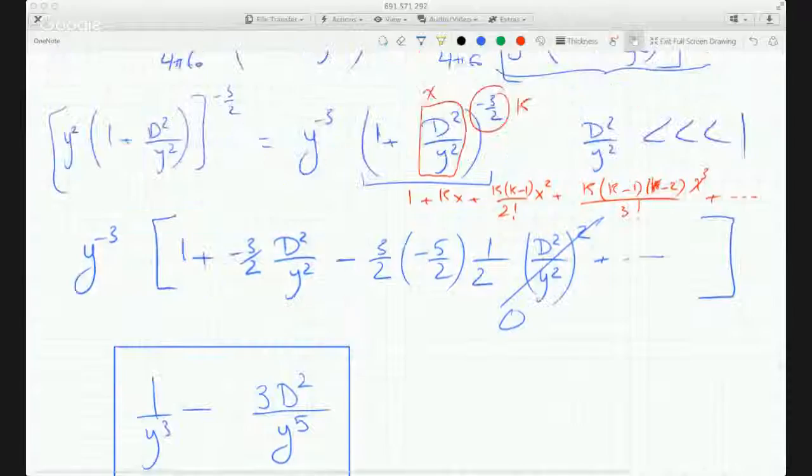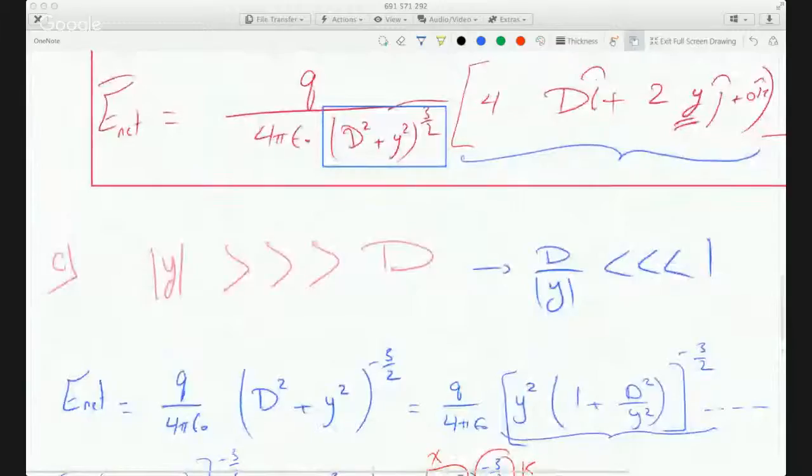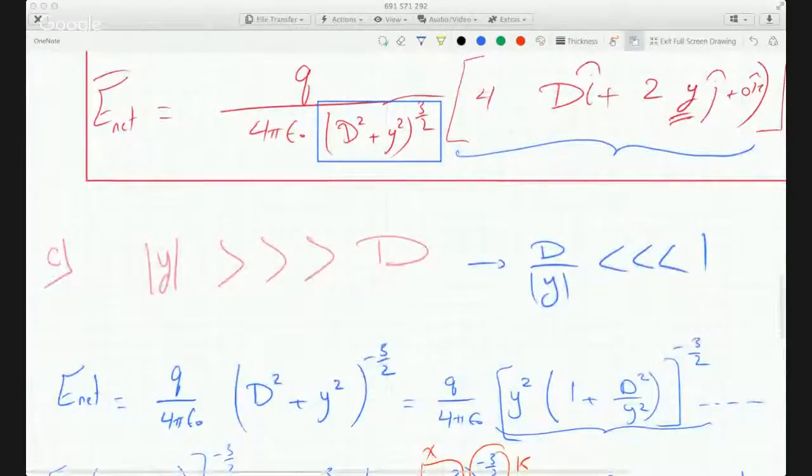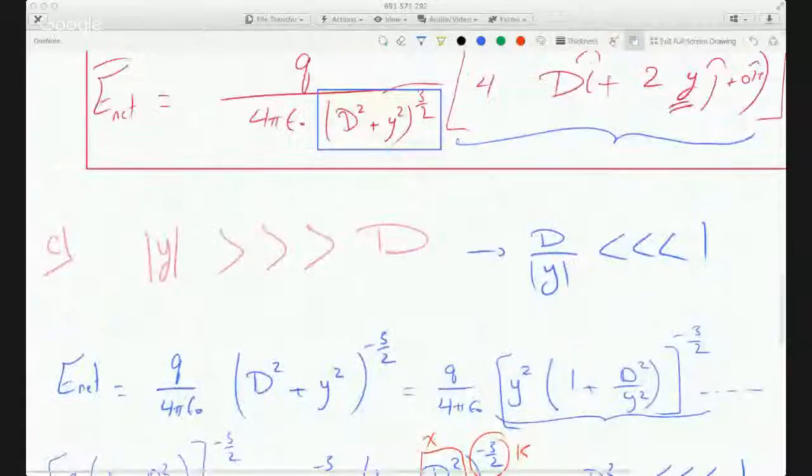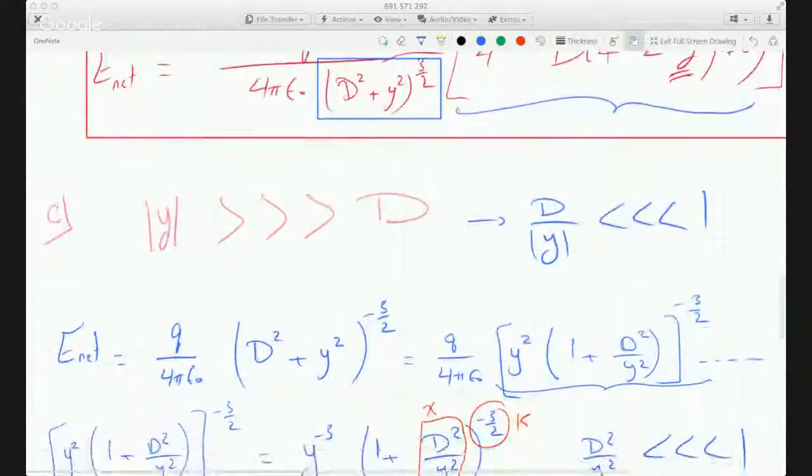So now I can go back to the electric field and replace that with what I've got.